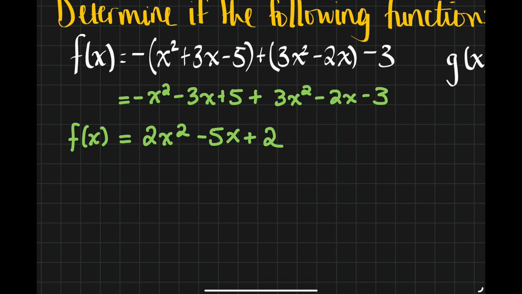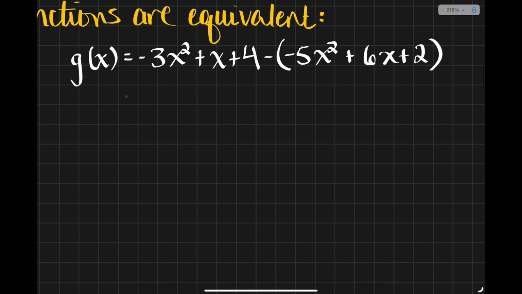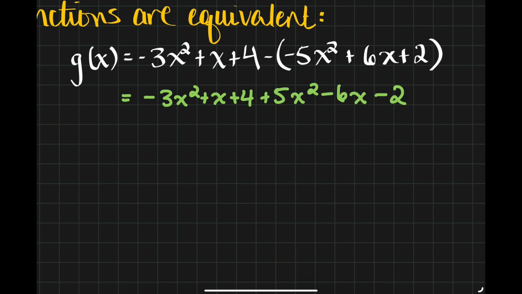Now we're going to do something similar for g of x. The first few terms, we'll just copy them down as they are, as there is no set of brackets there. The second set, notice that we have a negative sign again. So in that case, we are going to assume that this is negative 1 and multiply each coefficient and the constant by negative 1. In doing so, we get positive 5x squared minus 6x minus 2.